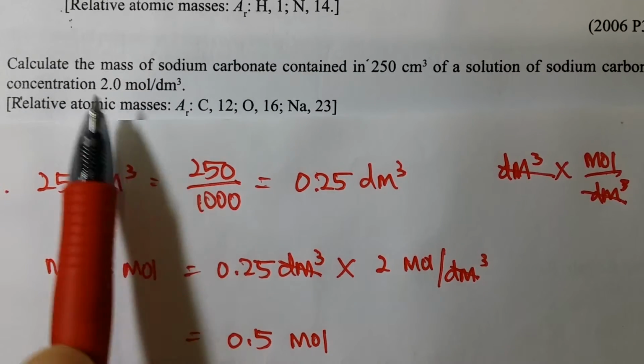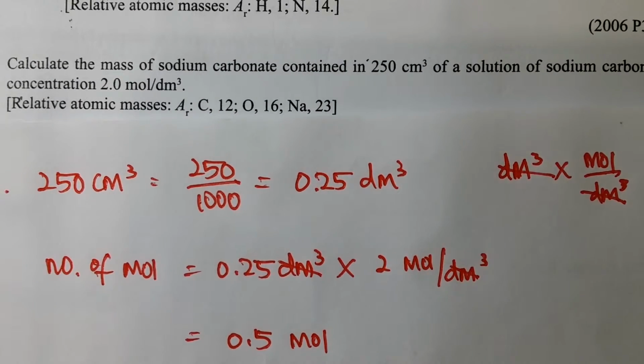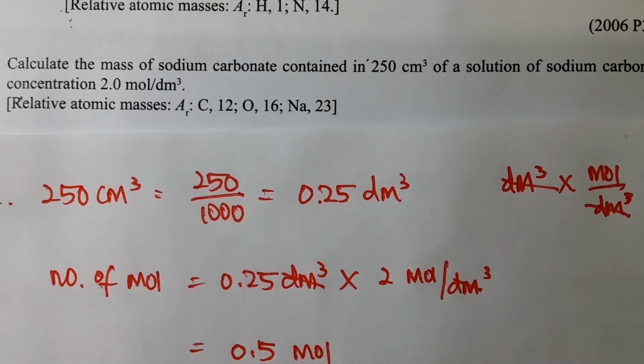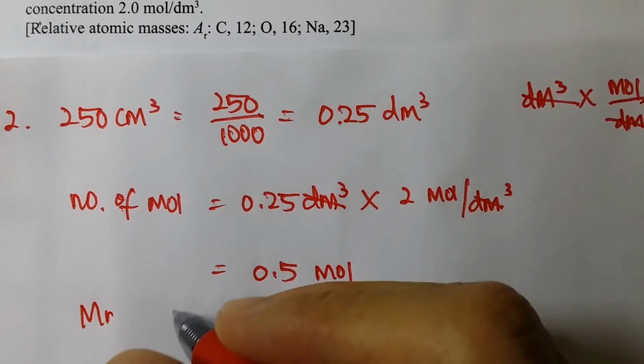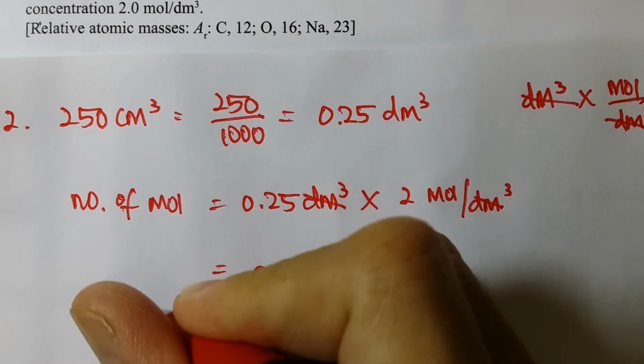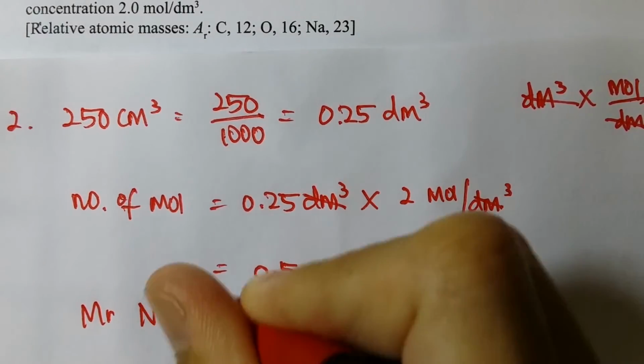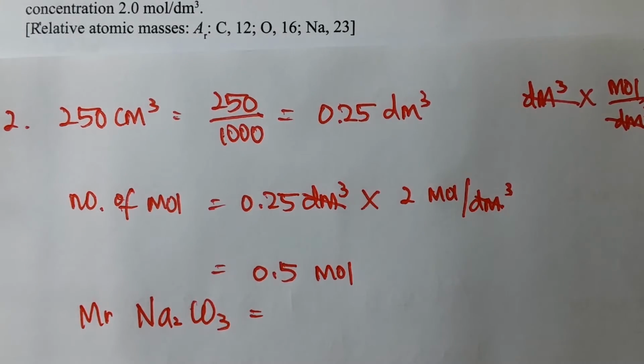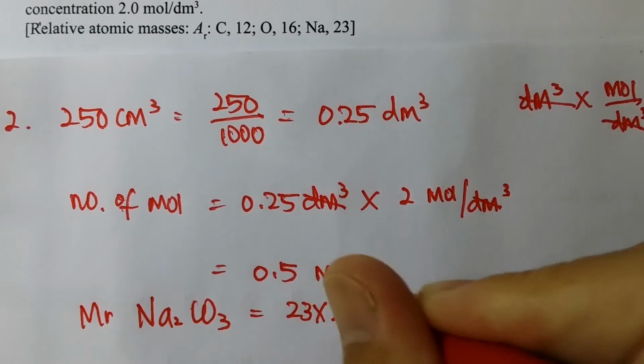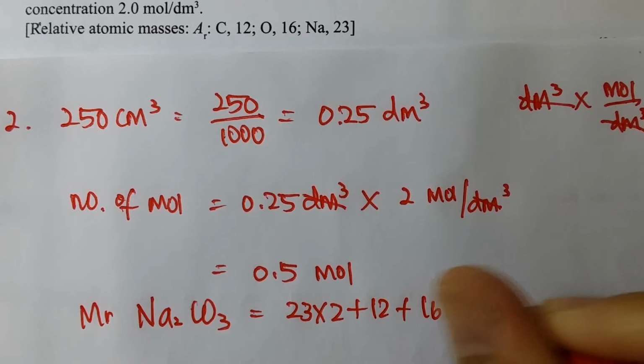The question asks for mass. You have the mole ready. Can you find mass? Yes, of course. But before that, you need to find the MR of sodium carbonate. Sodium carbonate is Na2CO3. What would be the MR? 23 times 2 plus 12 plus 16 times 3.